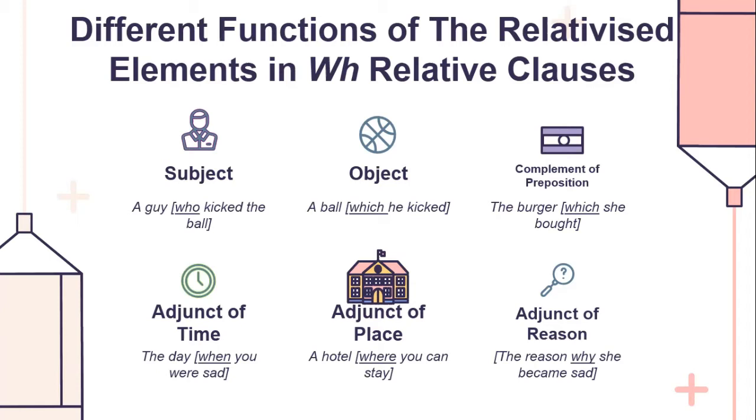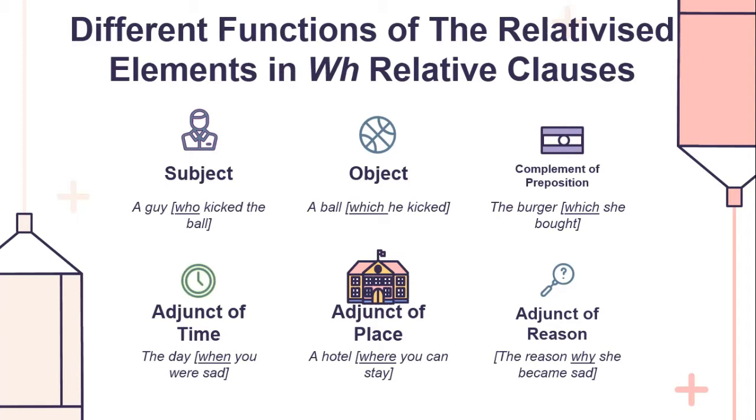So "who" here, as the pronoun, modifies the head noun, which is the subject of the clause. Okay, and it is the same in the second function, object. The head noun here is the object of the clause.